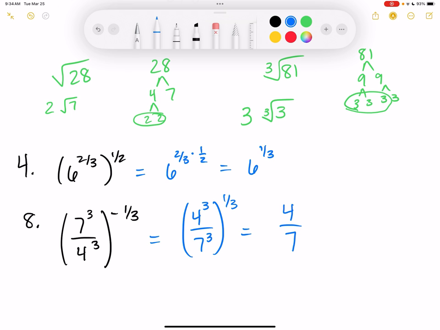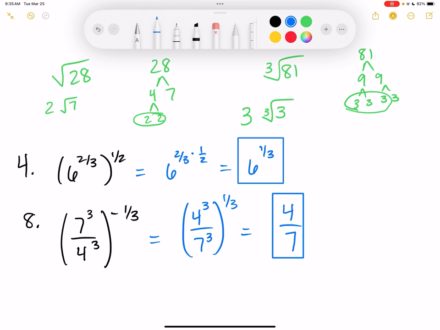I have a question. On number 4, why didn't we put the cube root of 6 for your final answer? Because that's not what the section was saying we needed to do. Did that make sense? What did we do yesterday? A different section. Yes. Okay, so we can just leave it like that.